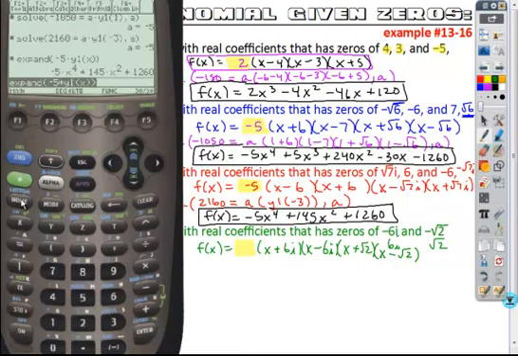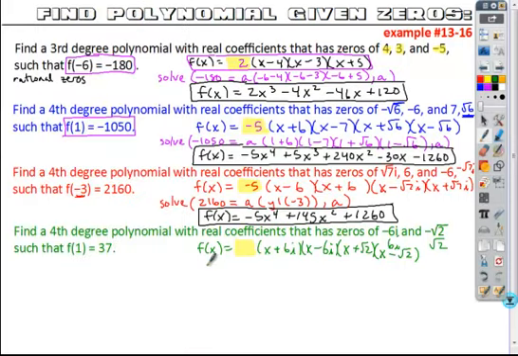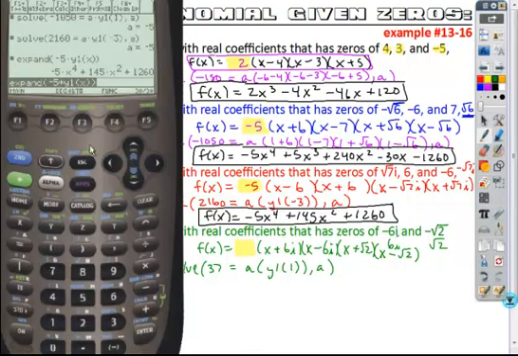I can go back into my home screen now, and I'm going to test it. I have 37 is equal to a times y1 of the number they asked me to evaluate for, 1. And I'm going to solve for a, and that's going to give me my leading coefficient. So here, F2 algebra tab solve.